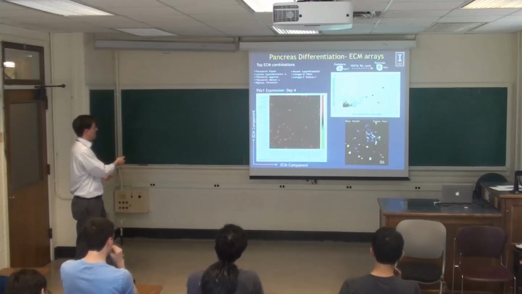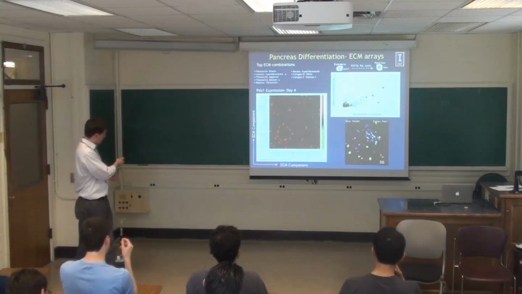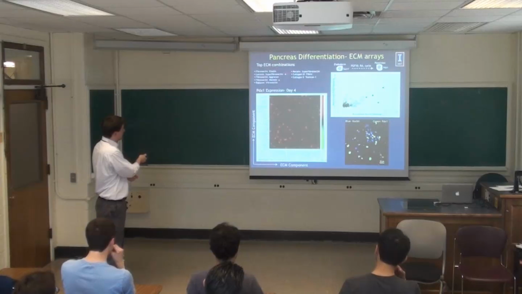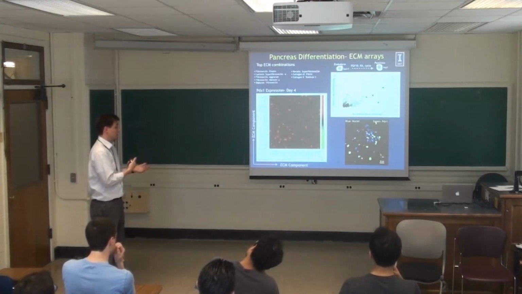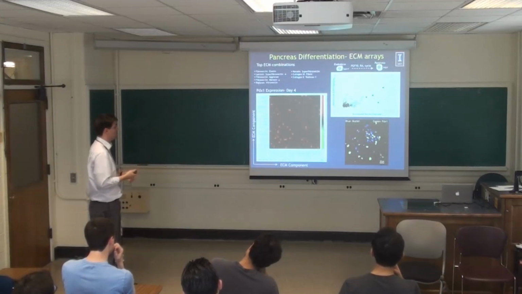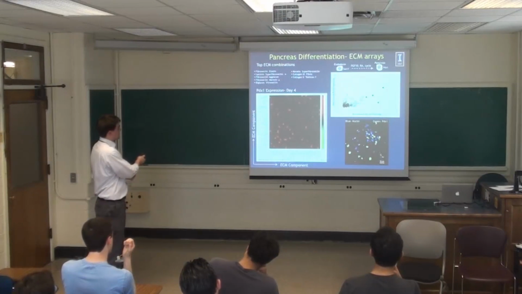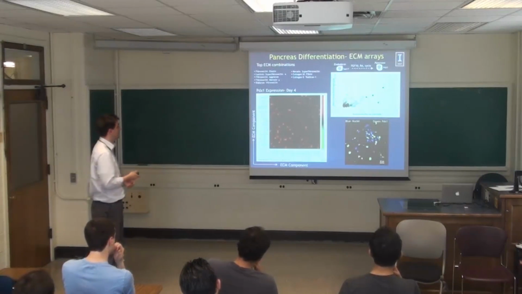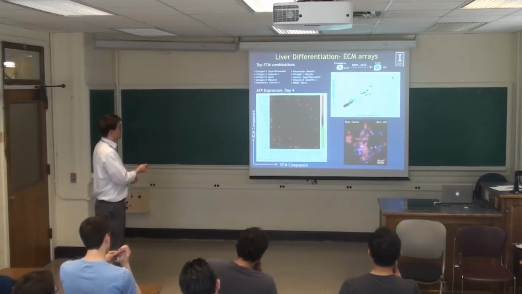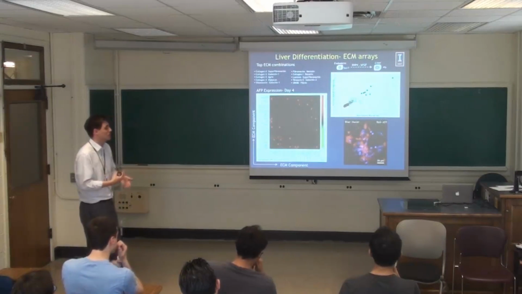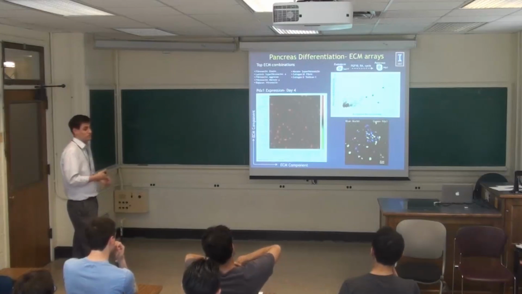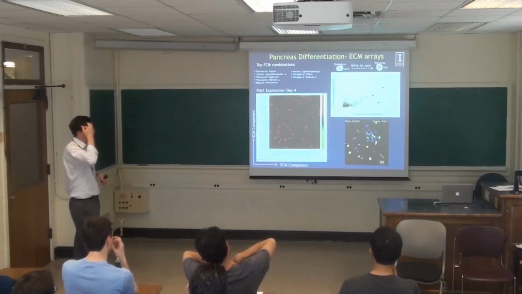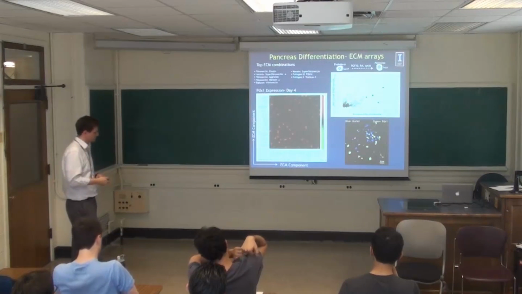But then I've also highlighted a few here, which are laminin and superfibronectin, or fibronectin and merosin. Merosin is laminin alpha-2, so it's a form of laminin. So essentially both of these are laminins and fibronectins combined. And those seem to actually support both liver and pancreas. So they seem to support both directions, which I think was interesting. And I'll come back to a way that we use that in a second.